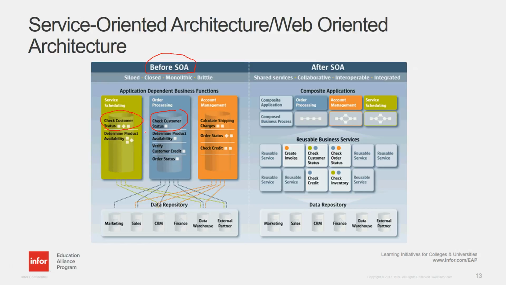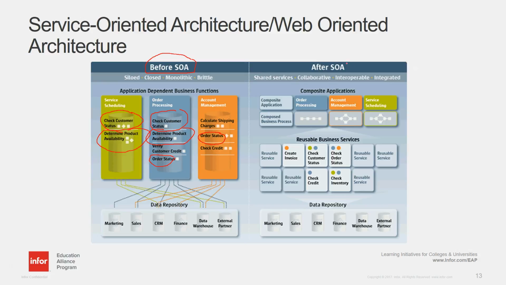You would also determine the product availability on the scheduling side, and again on the order processing side. You would then check the order status on the order processing side, and again on the account management side. So you would have a lot of redundancy before service-oriented architectures.